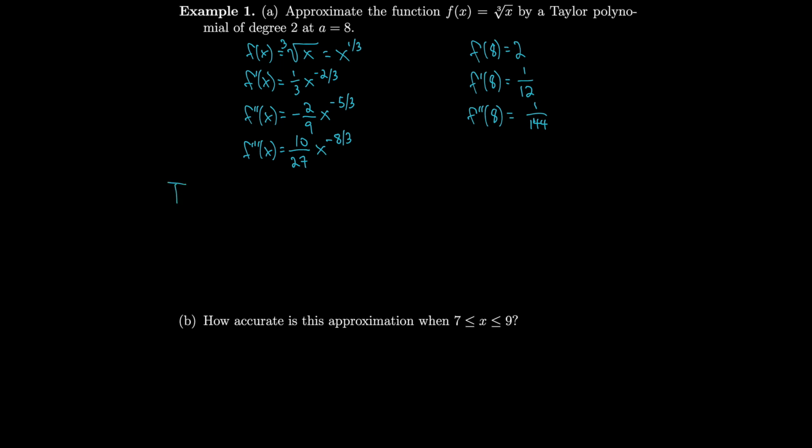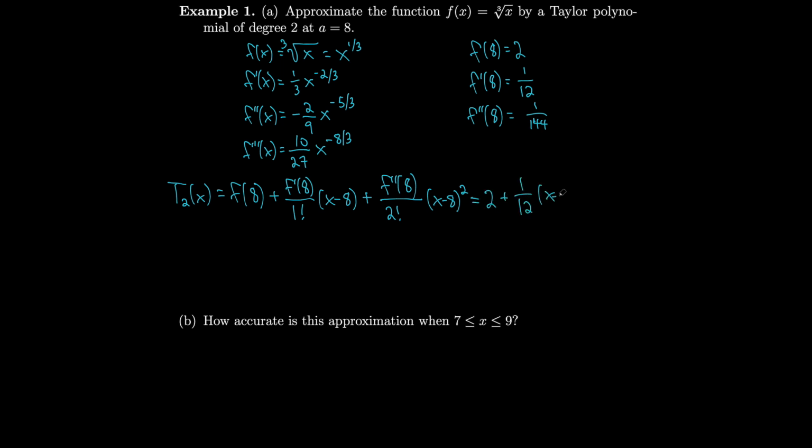So that means that our second degree Taylor polynomial will just be our series stopping at the second degree. So that's f of 8 plus f prime of 8 over 1 factorial times x minus 8 plus f double prime of 8 over 2 factorial times x minus 8 squared, which is equal to 2 plus 1/12 times x minus 8 minus 1/288 times x minus 8 squared.